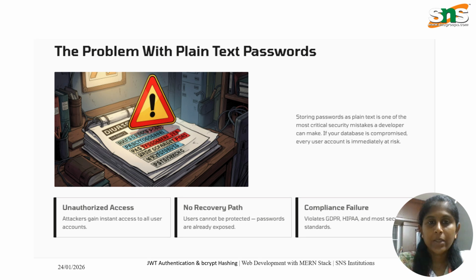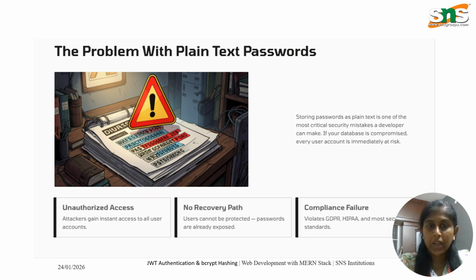This slide explains why storing passwords as plain text is dangerous. If developers store passwords directly inside the database, anyone who gains access to the database can immediately view all user passwords. This is one of the biggest security mistakes in application development. There are three major risks shown here. First, unauthorized access: attackers can instantly access all user accounts because passwords are visible.